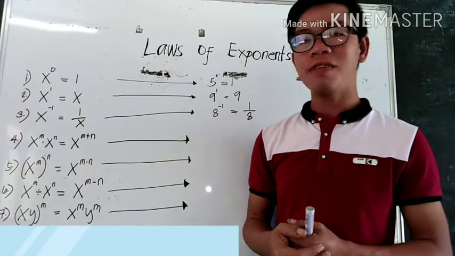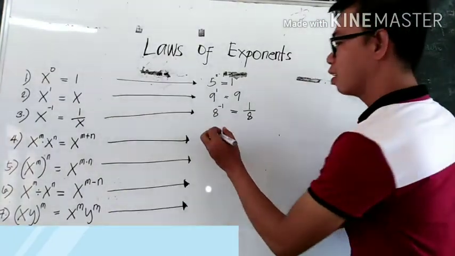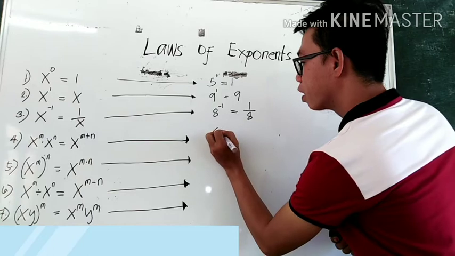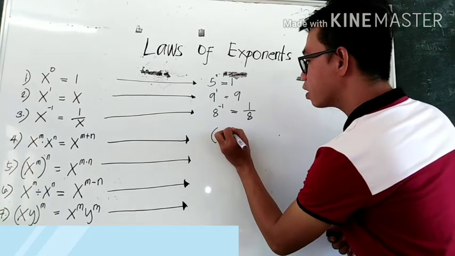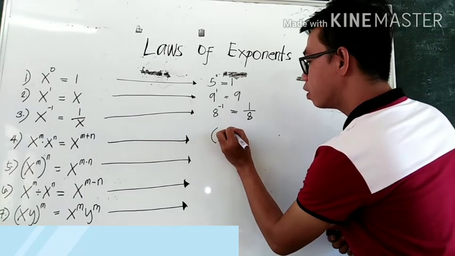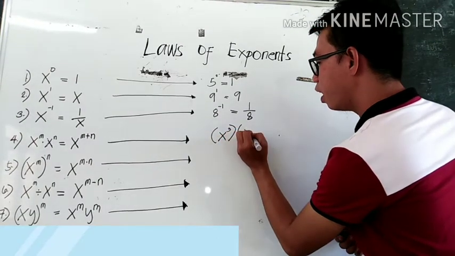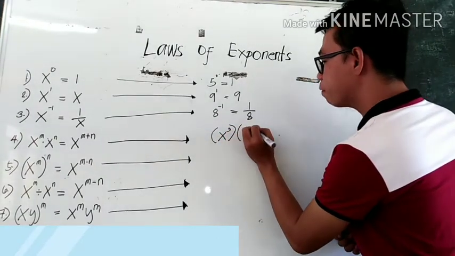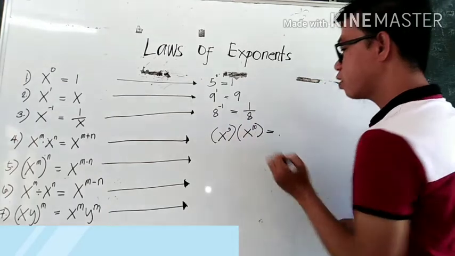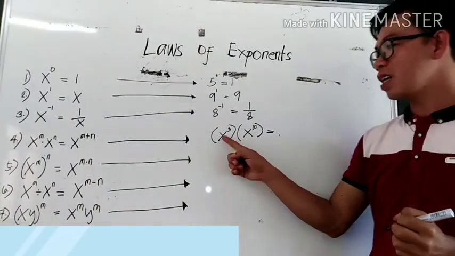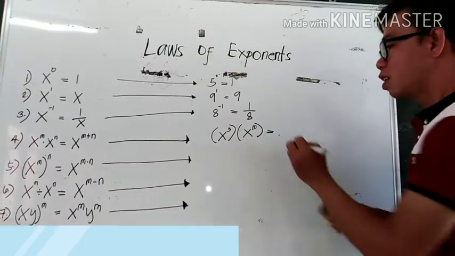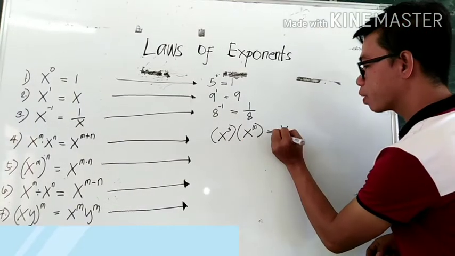Okay, let's have an example. X cubed times x raised to the power of 10 is equal to, multiply its base, x times x is equal to x.